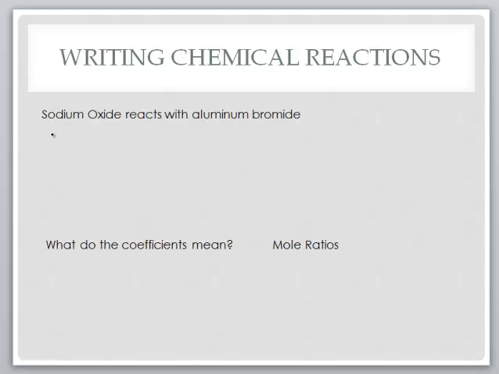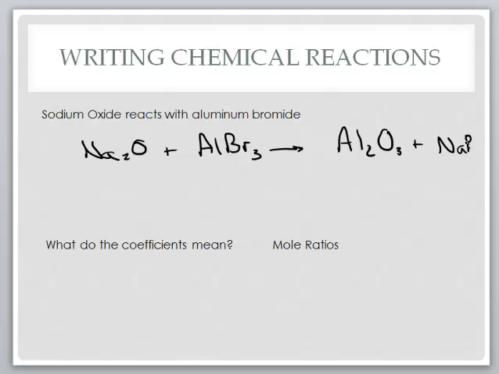So anyway, the first thing you've got to be able to do is write chemical reactions. So if you're unfamiliar with writing formulas or writing reactions, you're going to want to go back and review that section. So let's write the chemical reaction for sodium oxide reacting with aluminum bromide. We've got sodium oxide reacts with aluminum bromide, and that's going to form aluminum oxide and sodium bromide.